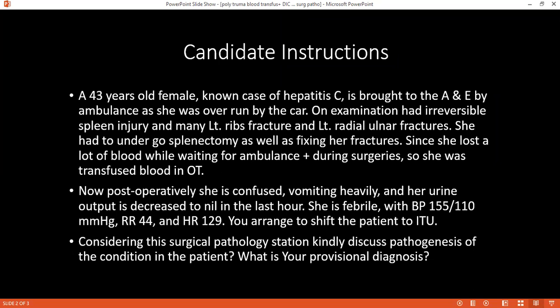The second one is mediated by immunoglobulin G and antibody reaction, for example ABO incompatibility, hemolysis. Third one, antibody-antigen complex reaction, also mediated by immunoglobulin G, for example systemic lupus erythematosus.